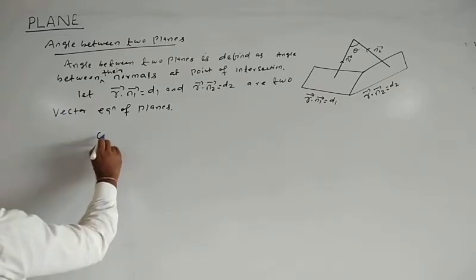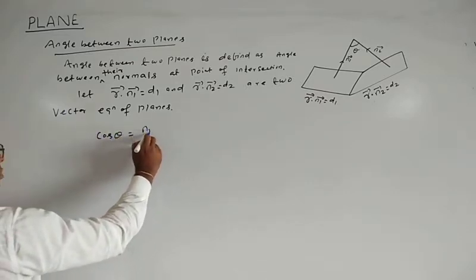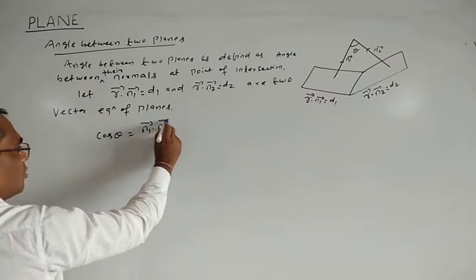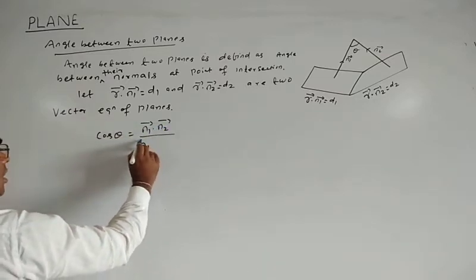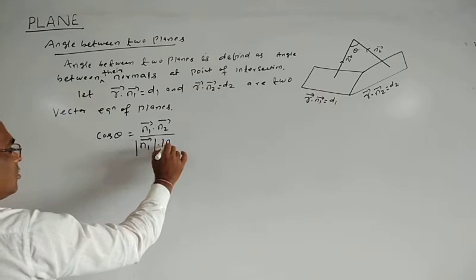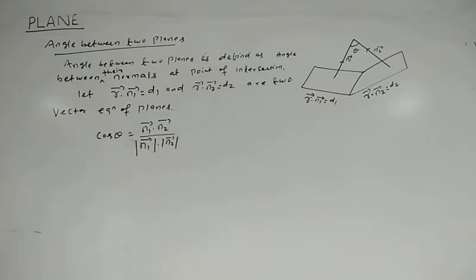Cos theta is equal to n1 vector dot n2 vector by n1 vector magnitude into n2 vector magnitude.